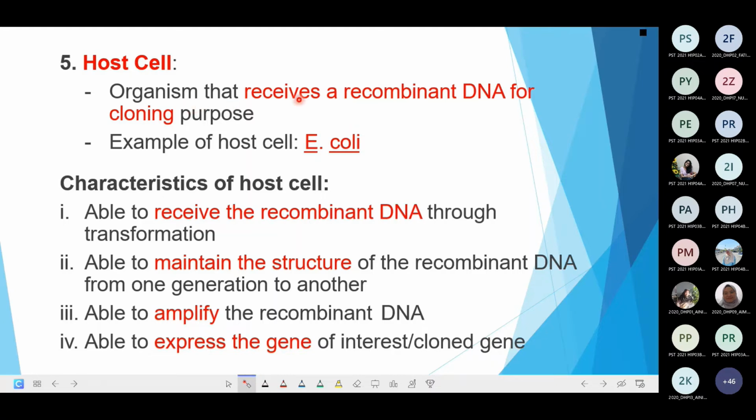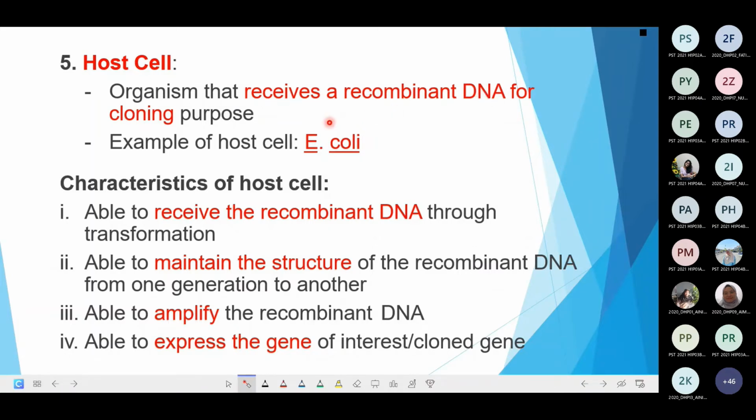Okay, and the important thing is we will use this host cell, in which this bacteria, this organism, will receive the recombinant DNA in order to allow the recombinant DNA to form many copies.